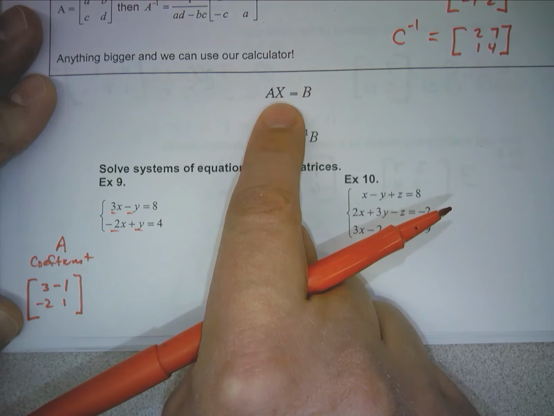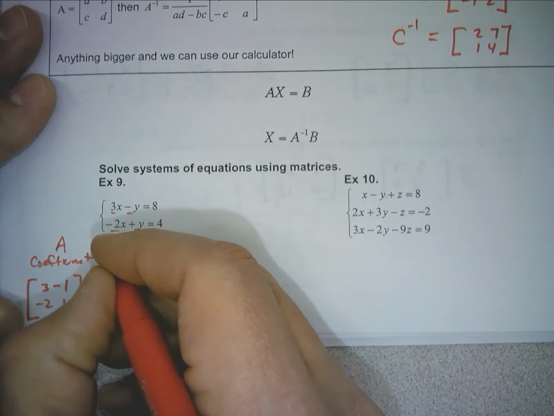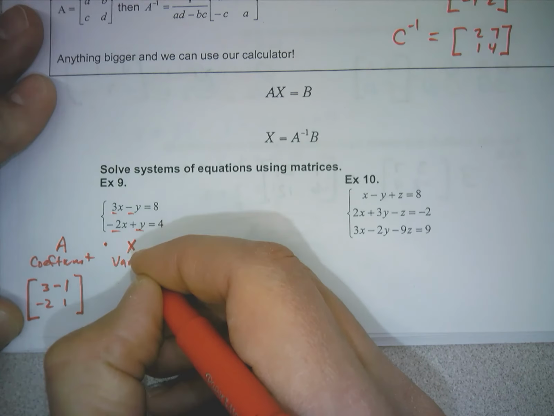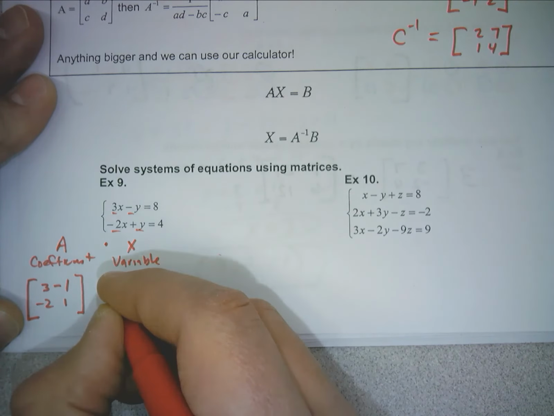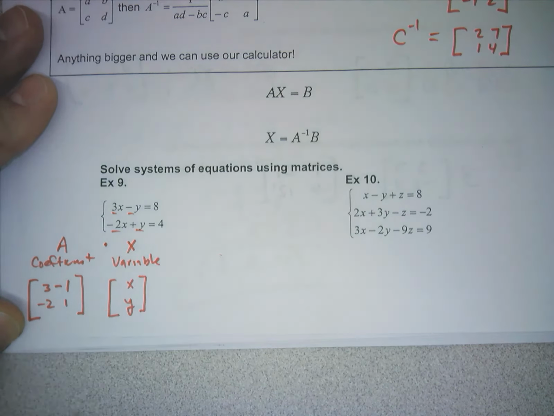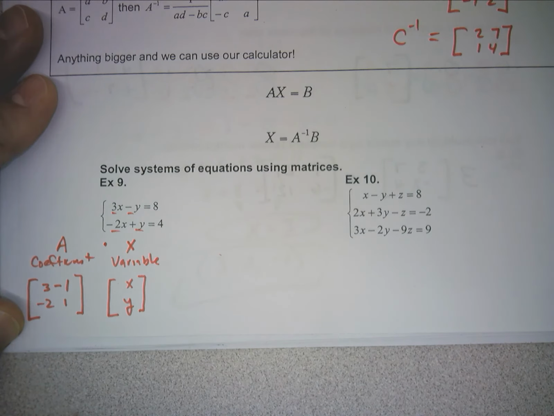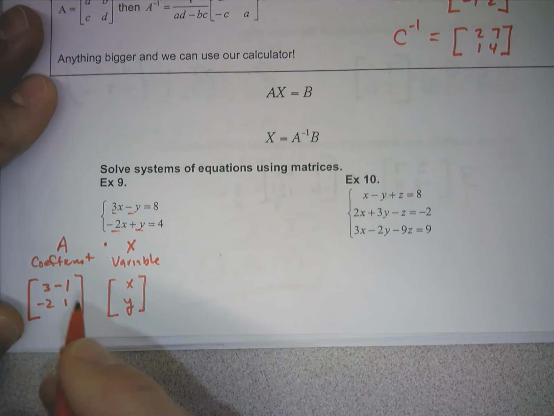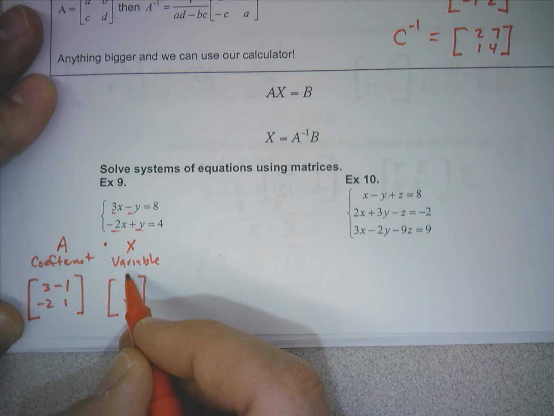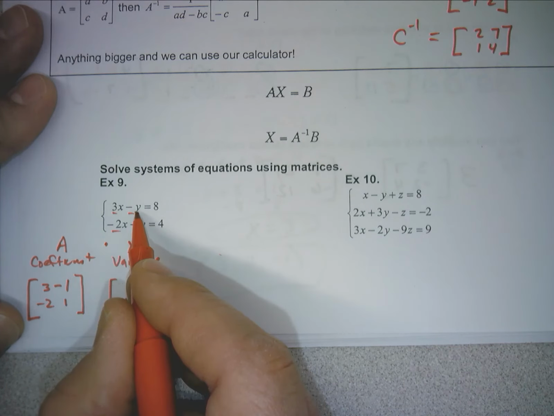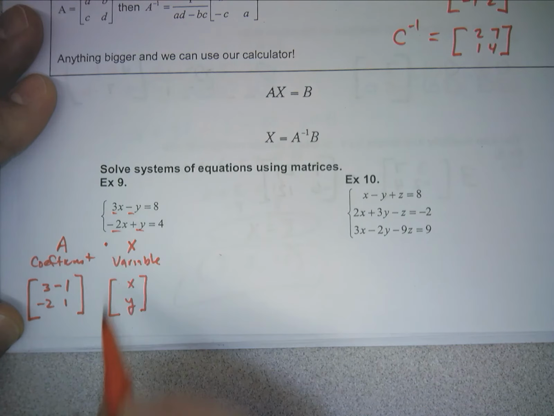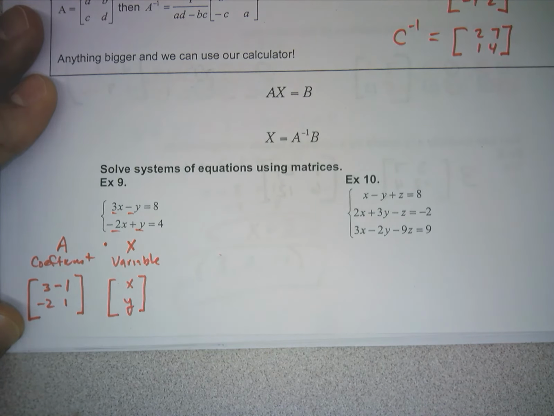Then I have matrix X, my variable matrix. Matrix X is just a 2x1 column, X and Y. The reason why this works is multiplication, rows times columns. If I take this row times this column, I get 3x minus y. And if I take this row times this column, I get -2x plus y. That's why that works.